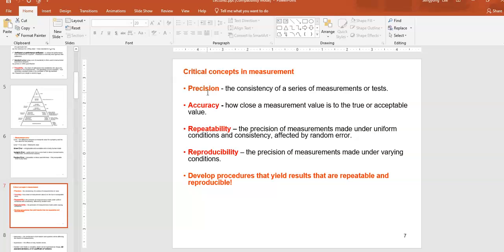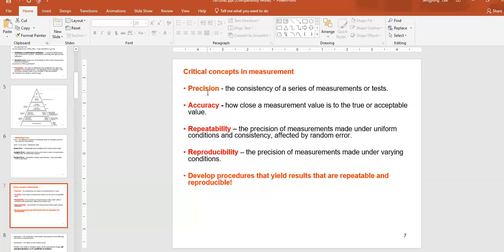You may get a different number every time. Then if you get different numbers, how widely different are those numbers? If those are widely different, scattered all around, that means you're not very precise in your measurement. If those numbers are very close to each other, scattered in a very narrow area, that means you are very precise. So repeatability of your measurement means it's precision.